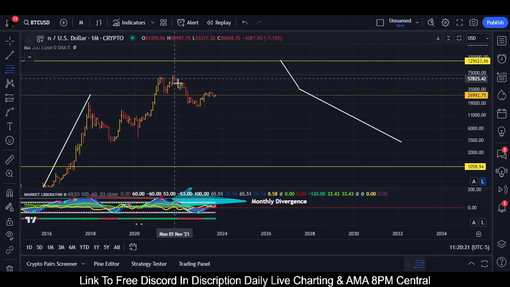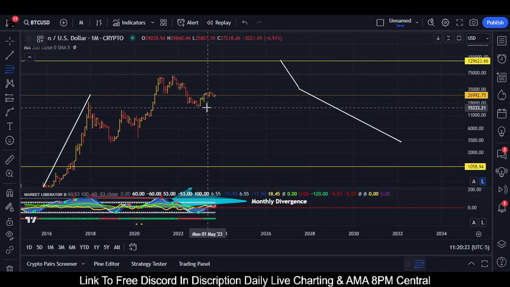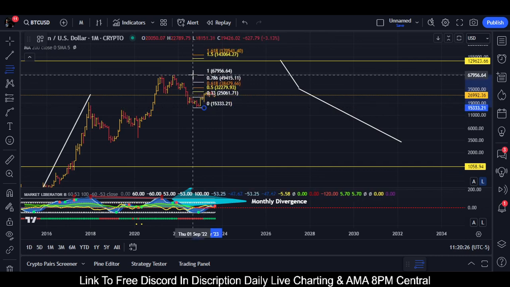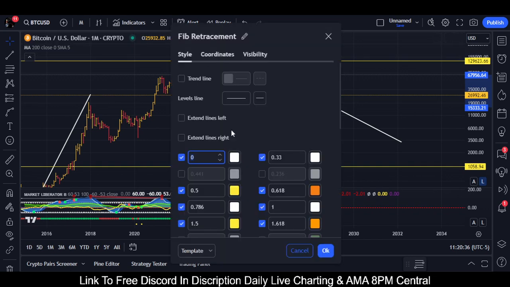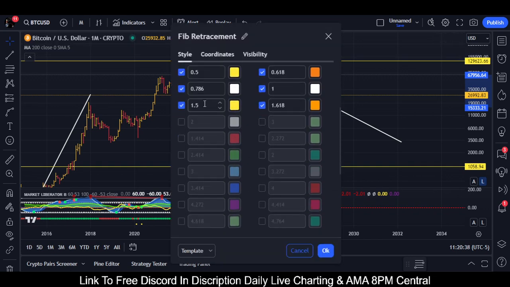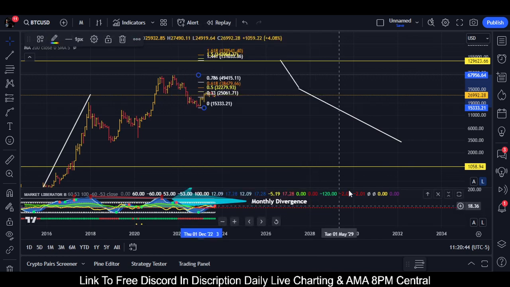Let's take this bull run and this bear trend here from swing low to swing high, and let's expand it by 1.5 to 1.618, and lo and behold, the 1.5 comes out at 143,000. Let's throw a 1.441. Why that works, I'm not really sure.